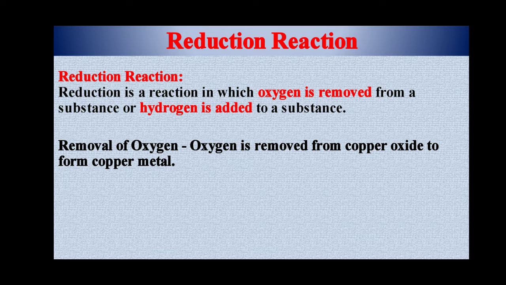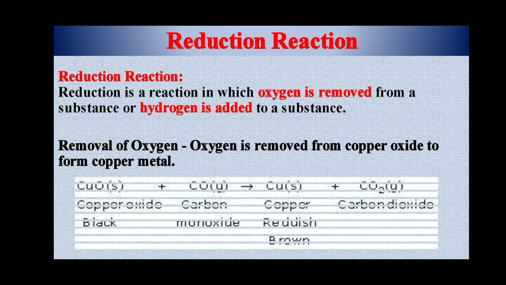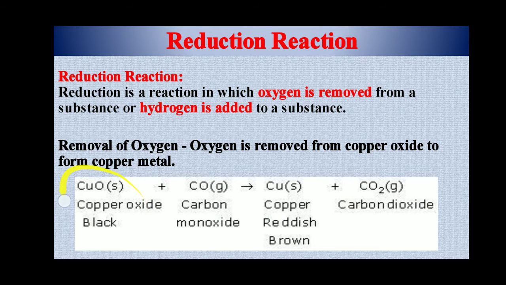First I have taken an example related to removal of oxygen. Oxygen is removed from copper oxide to form copper metal. You can see here CuO, that is copper oxide, plus carbon monoxide, that is CO. After the chemical reaction we get Cu, that is copper, reddish brown in color, plus carbon dioxide.